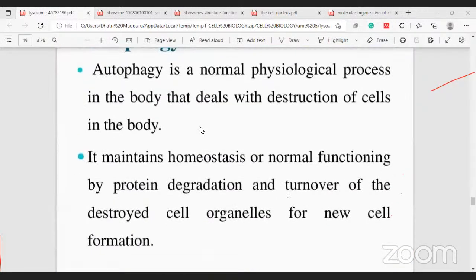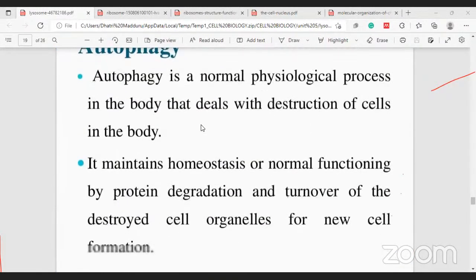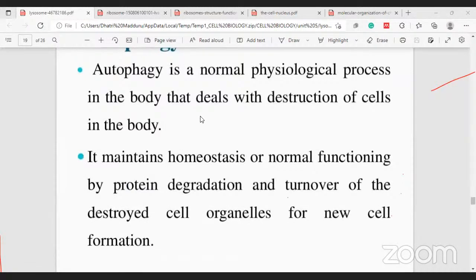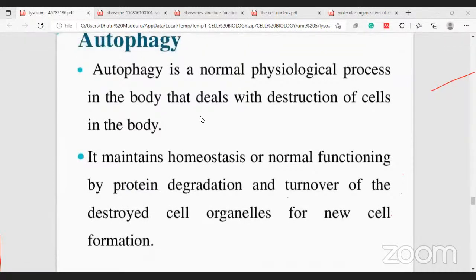Then autophagy. Autophagy is nothing but self-eating. Auto means self. Autophagy is a normal physiological process in the body that deals with the destruction of cells. It maintains homeostasis, or normal functioning, by protein degradation and turnover of destroyed cell organelles for new cell formation. So it's a part of homeostasis. What is homeostasis?